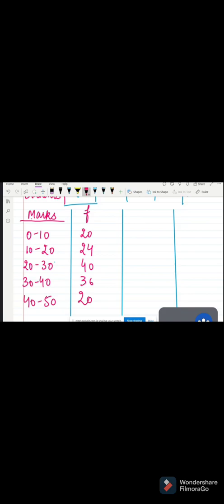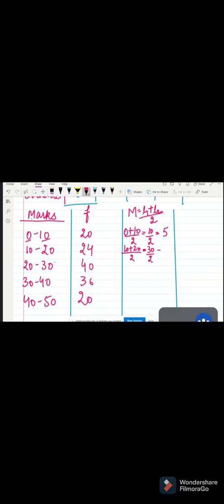First step is what? To calculate mid values. How can you calculate mid values? Lower limit plus upper limit divided by 2. So in this, lower limit is 0 and upper limit is 10. So 0 plus 10 divided by 2, that is 10 by 2. So mid value here is 5. Next, 10 plus 20 divided by 2, that is 30 by 2.